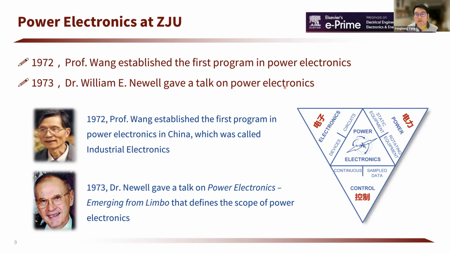Since then, we have had power electronics programs in undergraduate programs, postgraduate programs, and the PhD program as well. And the scope of power electronics, we consider, was defined by Dr. William E. Newell back in 1973. So the programs established in China were 1 year before the definition of the scope of power electronics.